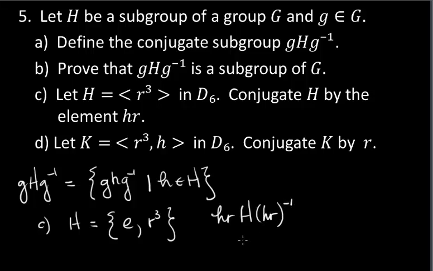All of the elements in a dihedral group that have the H are flips, and they all have order 2. We've calculated this many times, but you can just remember that all the elements HR to the K are order 2. So HR inverse is HR.